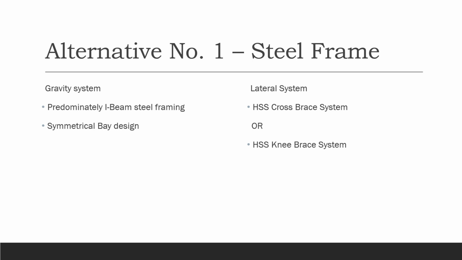Or we also have an HSS steel knee brace system that would be placed at the corners of the column and beam intersection, connecting the upper beam to the column. This system would allow us to keep the lateral bracing internal with minimal disruption in architectural design. It ultimately would make the system a frame system.